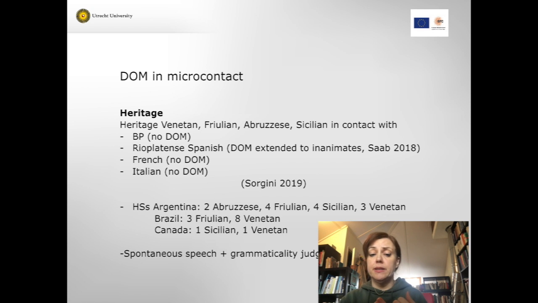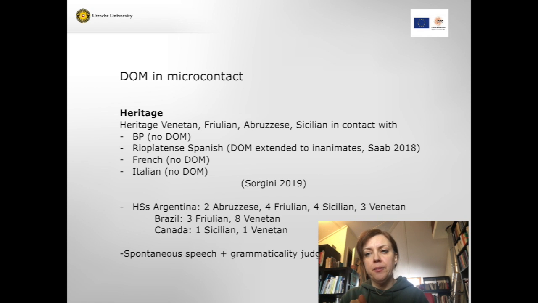DOM is preserved in contact with varieties that do not have it, like French and Portuguese. So when you have Brazilian Portuguese that doesn't have differential object marking and French, you do not see any change.